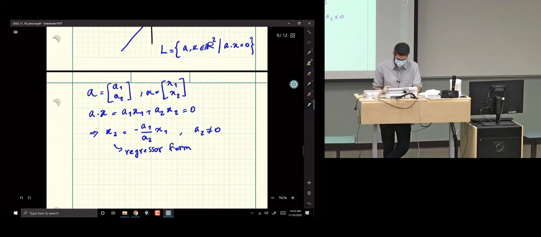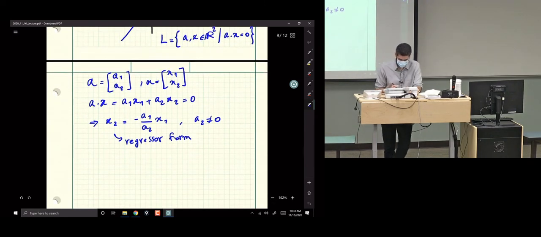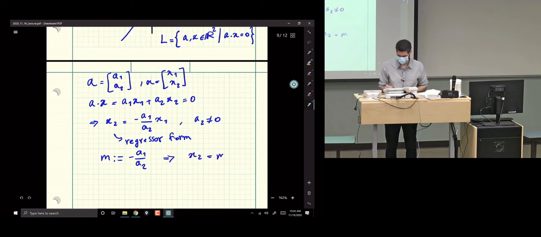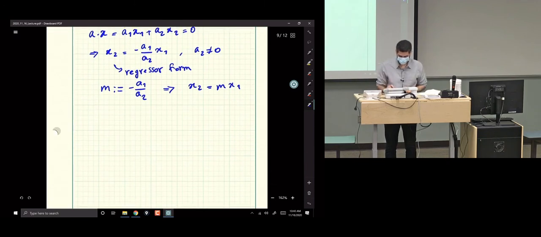Okay, so, well, what if I define M to be whatever is A1 divided by A2, right? And then, of course, X2 equals M X1. Well, that's all good.